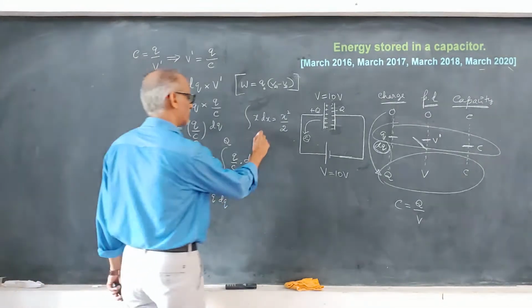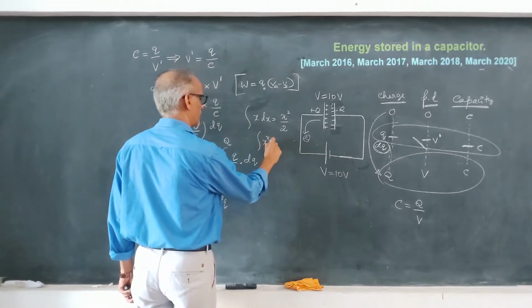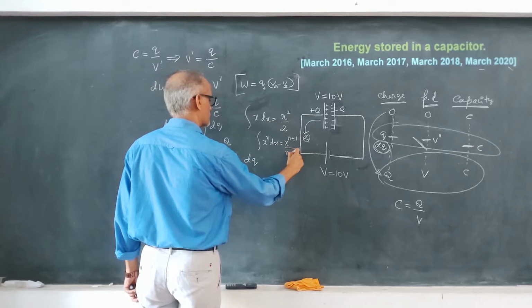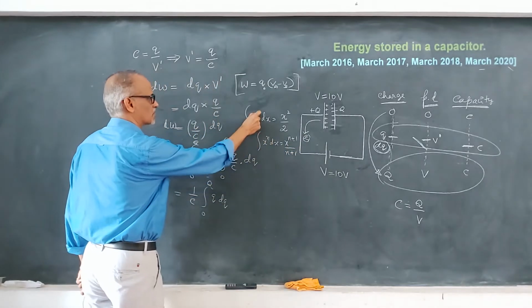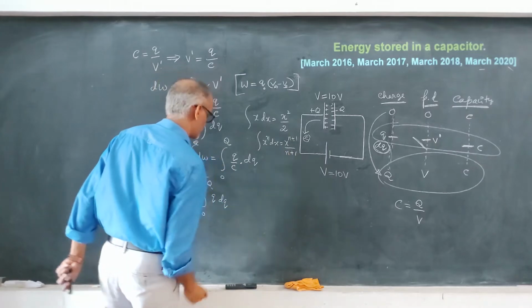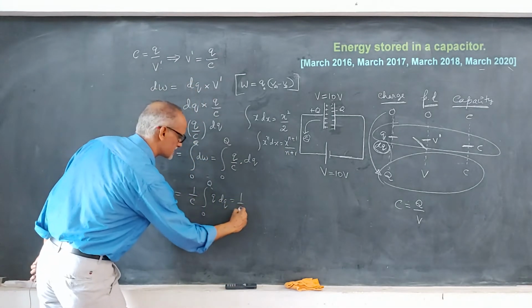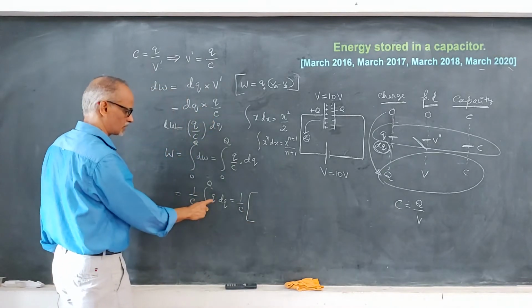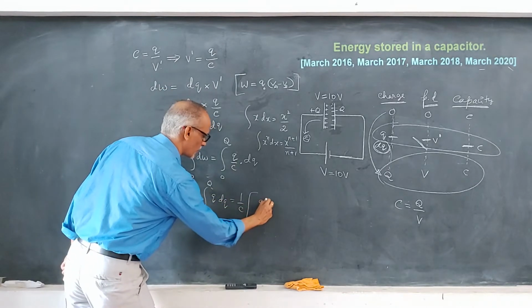Using the general formula, the integration of x to the power n dx is equal to x to the power n plus 1 by n plus 1. Here n is 1, so 1 plus 1 becomes 2, and this becomes 2 in the denominator. Therefore, 1 by C into the integration of Q dq is nothing but Q square by 2.